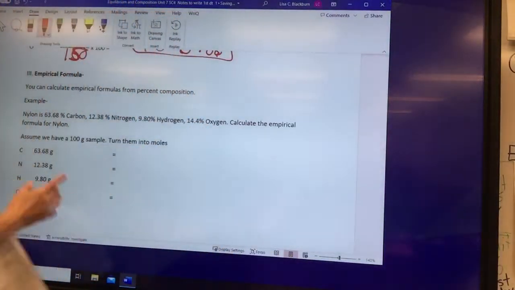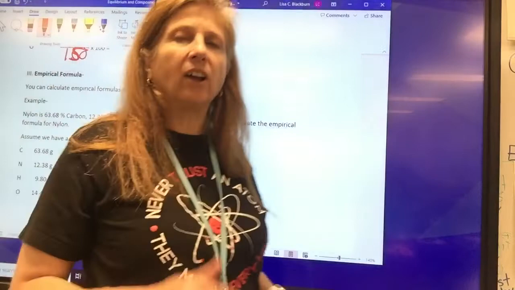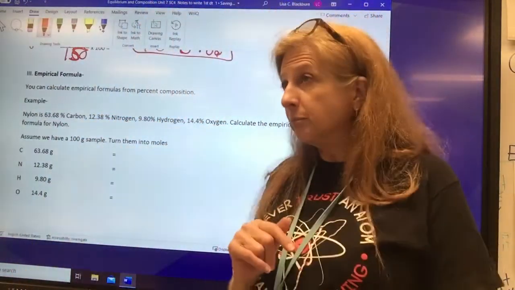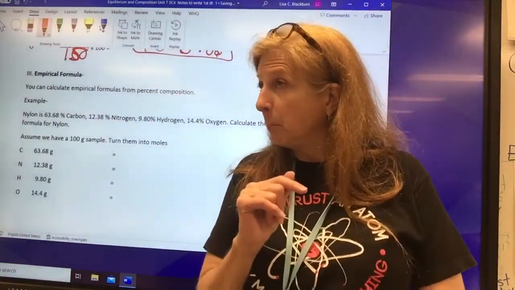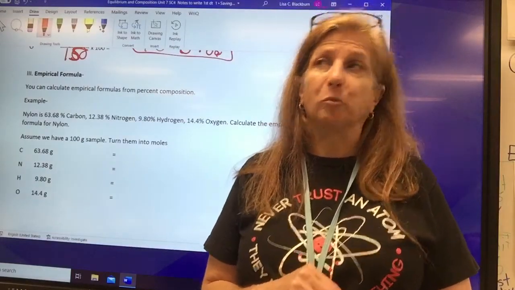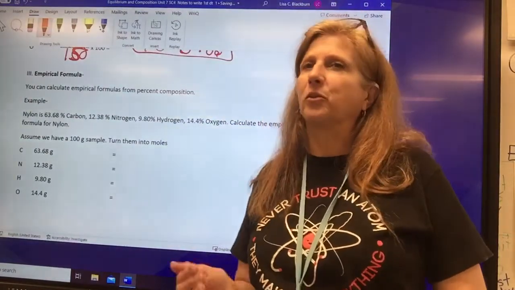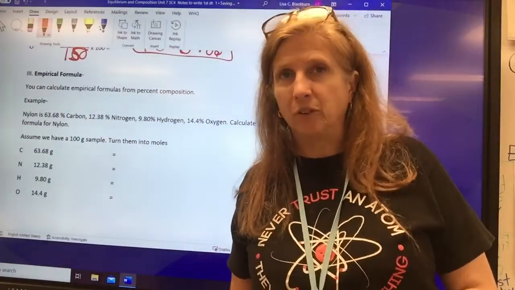Okay, so first of all, we assume we have a 100-gram sample, turn them into moles. So we have grams, and now we need to change to moles. How do you change grams to moles? Where do we look for something to convert grams to moles? On the periodic table. Remember what goes with graham crackers? M&Ms.